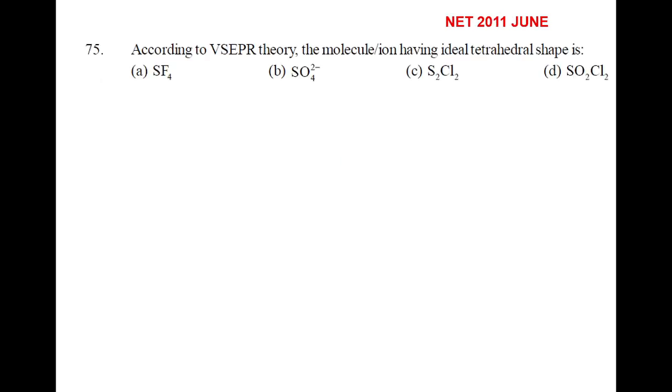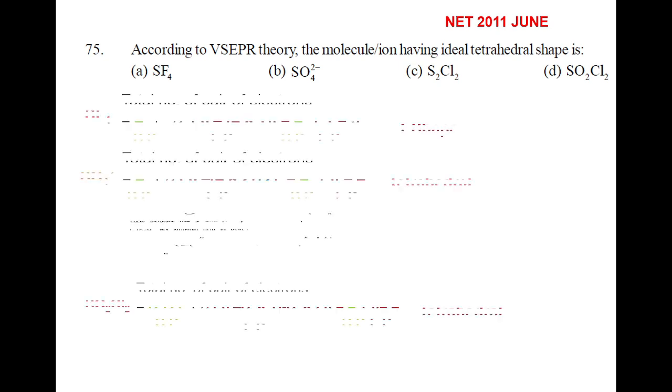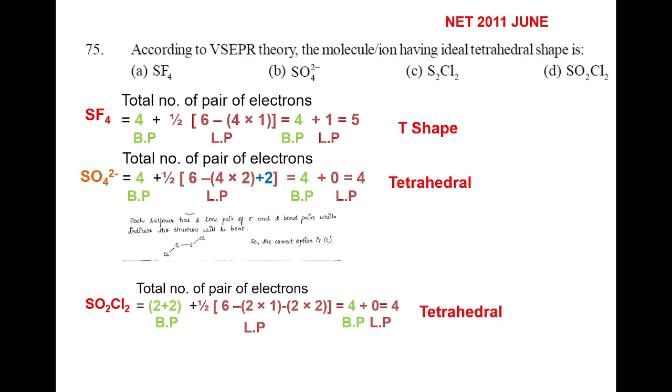Okay. So if we move to another question, according to VSEPR theory, which molecule or ion has ideal tetrahedral shape? If we look at the structure of each molecule, SF4 is T shape.